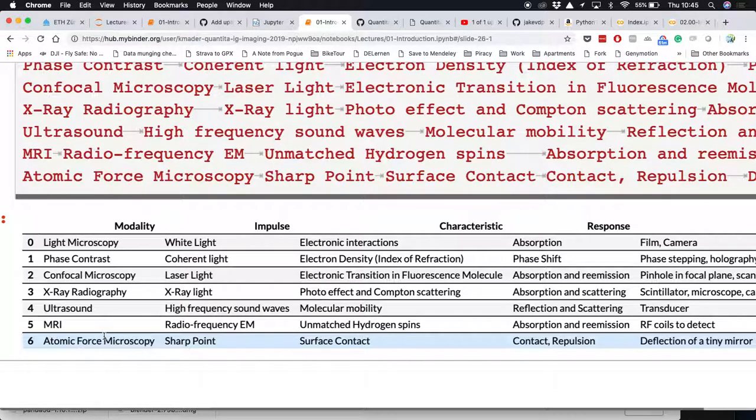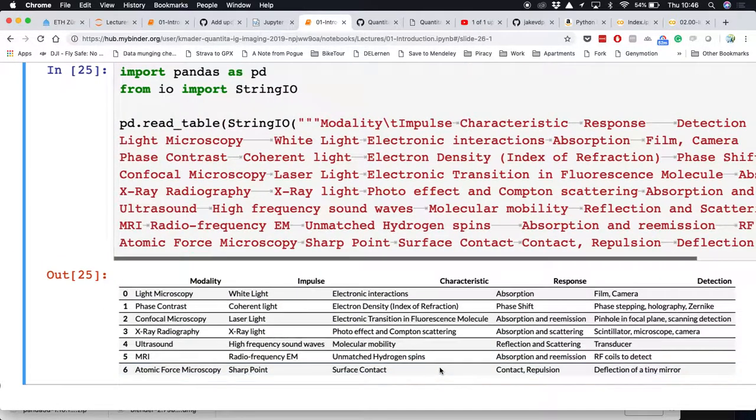So you're measuring small changes across the surface rather than measuring electronic interactions or molecular mobility or some of these other factors. This isn't important to know. It's more important to be aware that all of these imaging systems rely on the same basic setup.